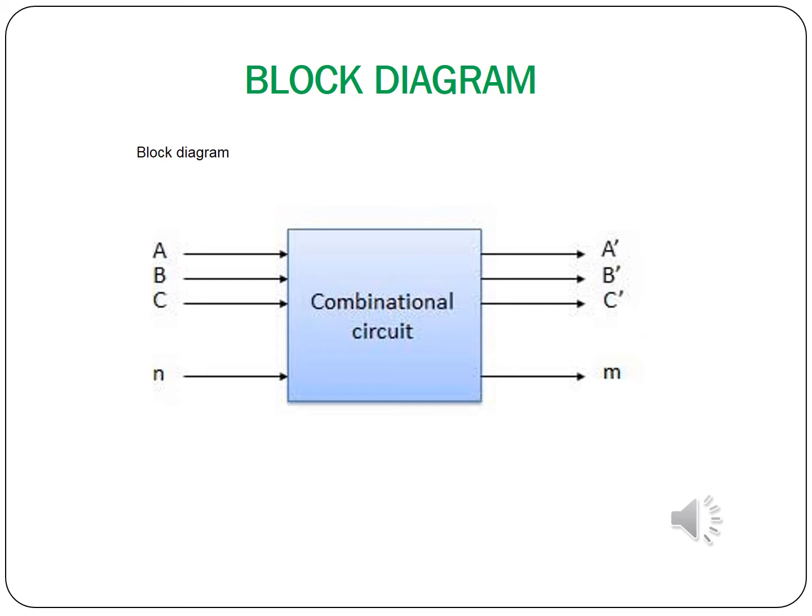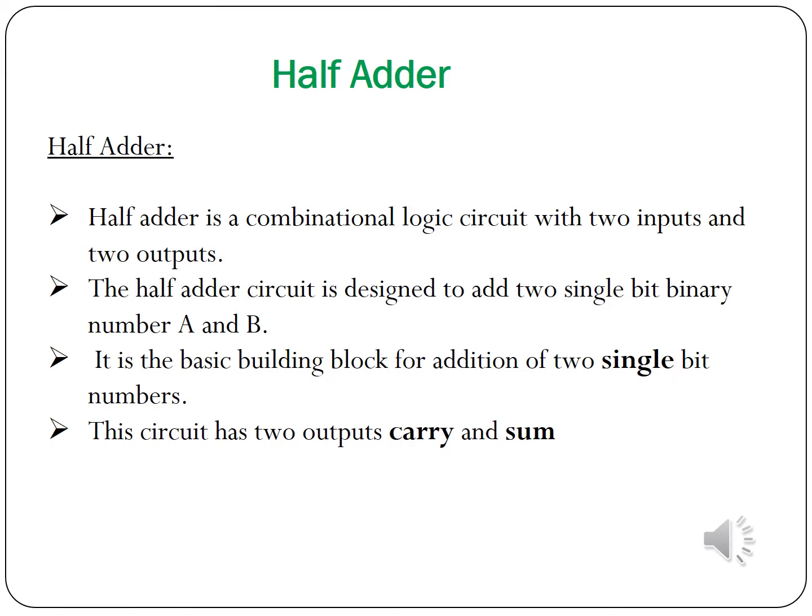The application of combinational logic circuits in computers is to perform Boolean algebra on input signals and on stored data. But practically, computer circuits normally contain a mixture of combinational logic circuits as well as sequential logic circuits.